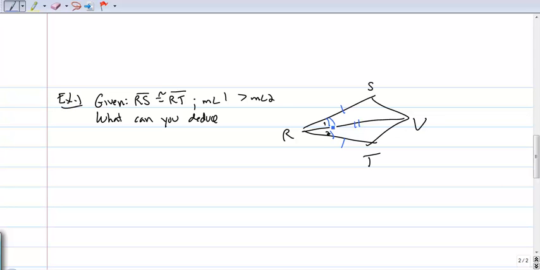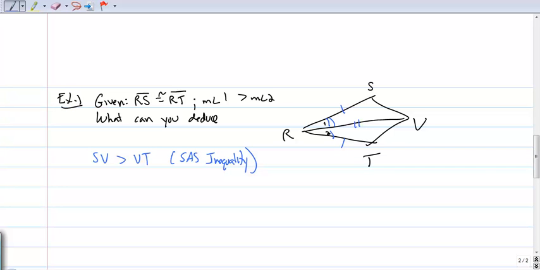I'm putting 2 arcs on angle 1 and 1 arc on angle 2, since angle 1 is greater than angle 2. Now, hopefully you can see that because of that, we can conclude that the measure of SV is greater than the measure of VT. The reason for that? The SAS inequality theorem.